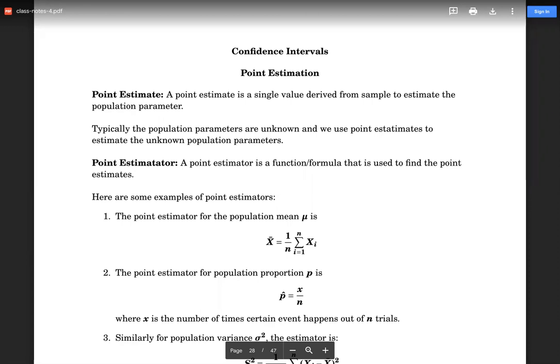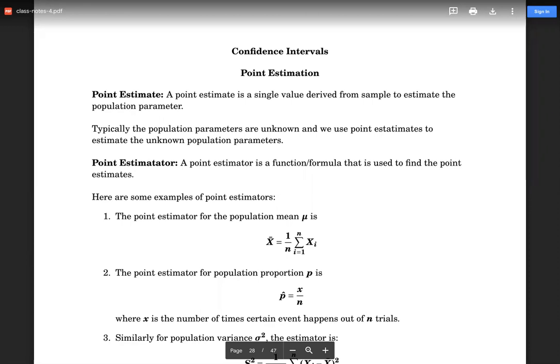Now, this is the critical question. If I were to ask you, how confident are you in this number, the 17 that you got, you might say, I am 80%, 90% confident that the actual average is going to be somewhere around 17.